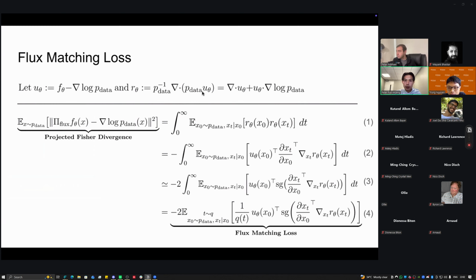But the minimizers with respect to theta are equivalent whether we have this inverse of p data or this weighting by the inverse of p data. We add this for convenience to get something more tractable. This connects to R's rich history of being known as the Langevin-Stein operator, where there are a lot of tools for looking at this R theta term.